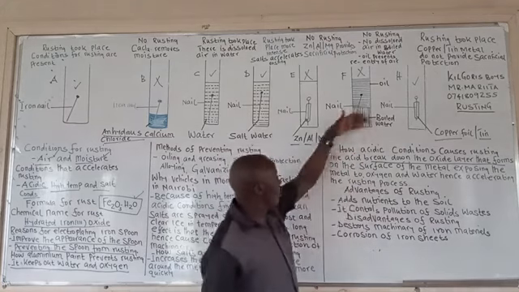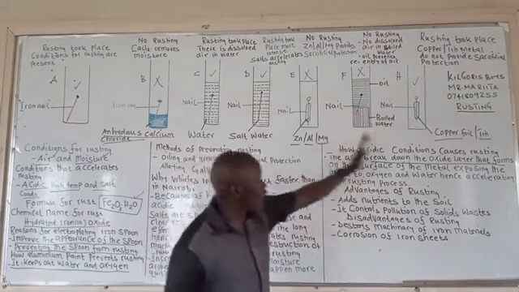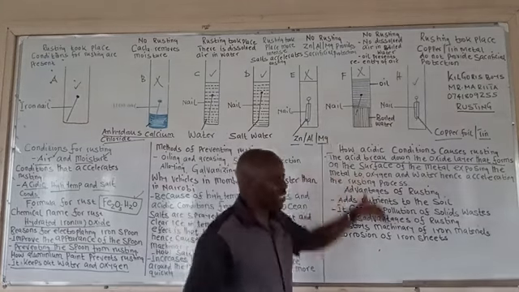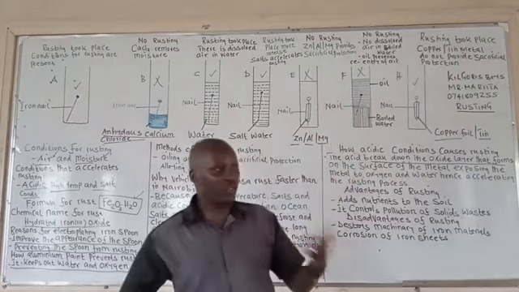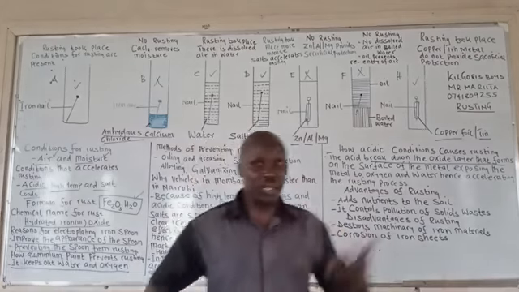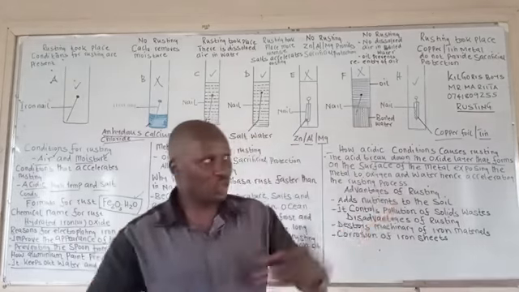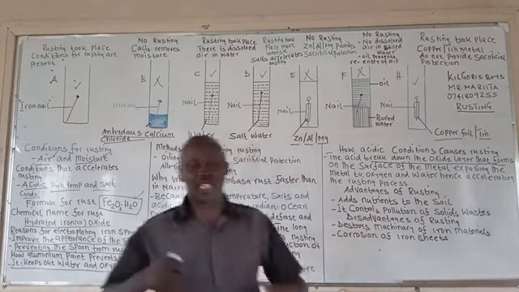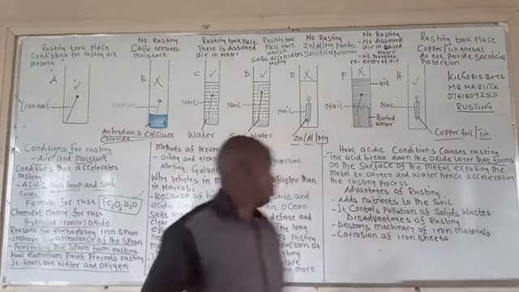So if you are required to explain how acid causes rusting, it breaks down the layer that forms the surface of the metal and exposes it to oxygen. Once it is exposed to oxygen and water, rusting takes place.